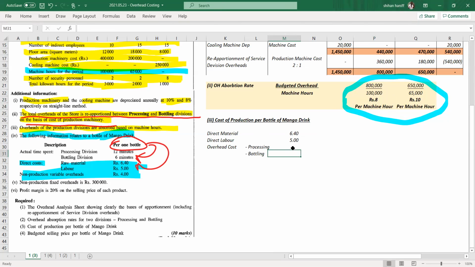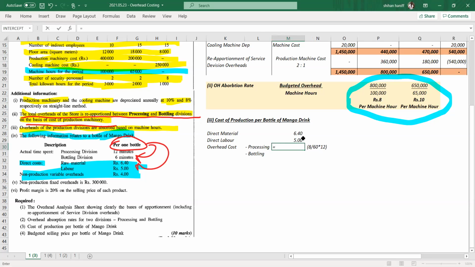So per hour 8 means for 12 minutes how much? 8 divided by 60 into 12. So 160 is the overhead cost from the processing department.